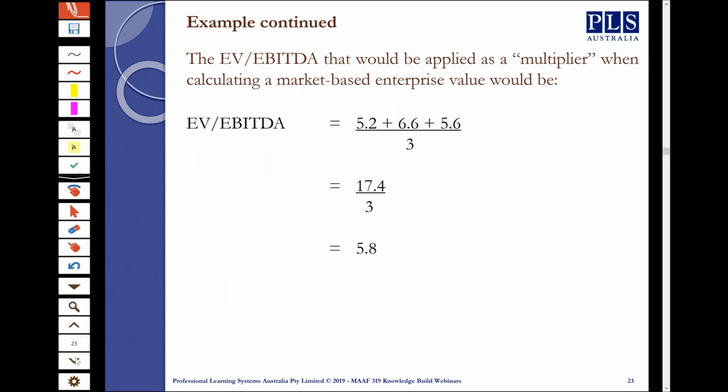In that instance, the EV on EBITDA ratio that would be applied as your multiplier would be an average. So add those 3 numbers together, divide by 3, and you've got your ratio of 5.8. As I said, a relatively straightforward area if you know the components to the formula.